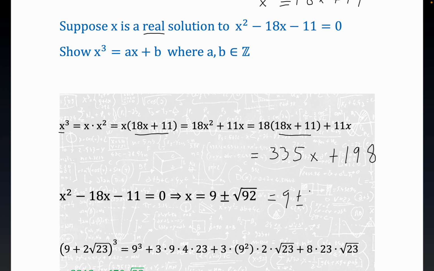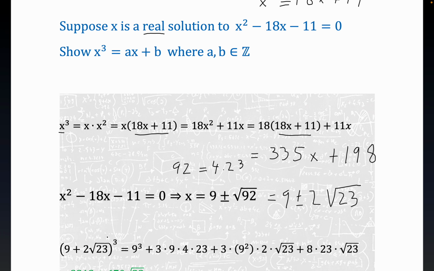So you would have 9 plus or minus 2 root 23. And that's what happened right here. And again, 92 is equal to 4 times 23, which is what makes that work. You can take the square root of 4 to get the 2 that you see right here.